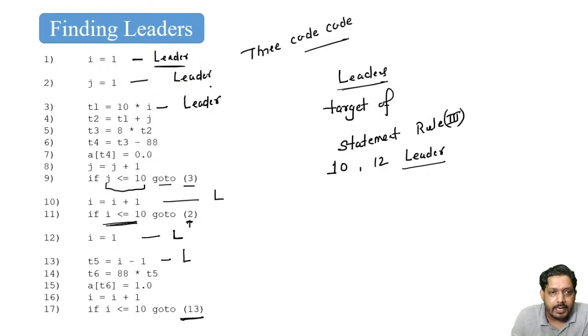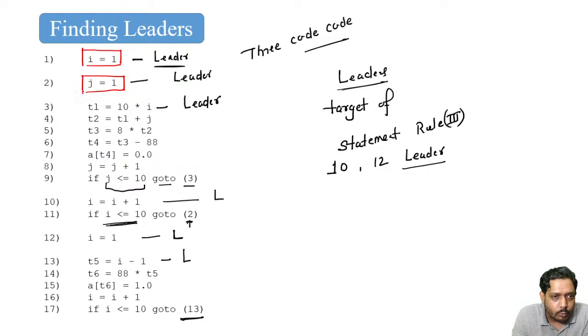Now once you identify the leaders, you can convert into basic blocks in this way. This is a leader, and the second leader is the second statement. So the first will be a single statement alone. The second statement itself is a leader. So this will be only one, because from the next statement another leader starts. After statement 2, the next leader starts from statement number 3.